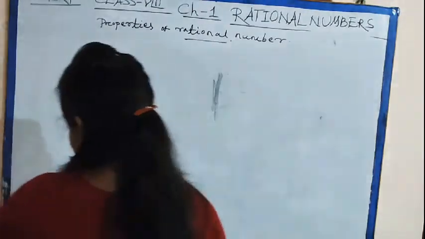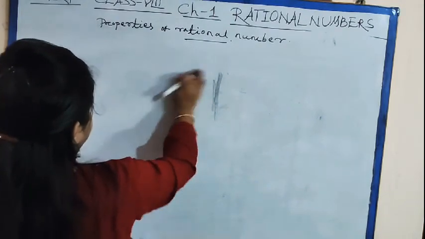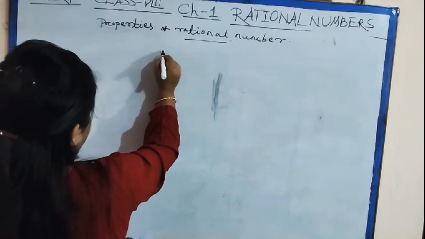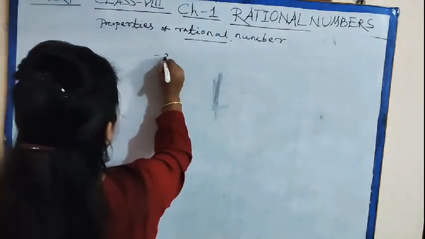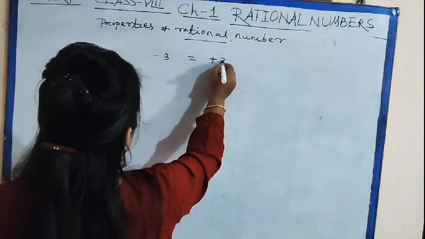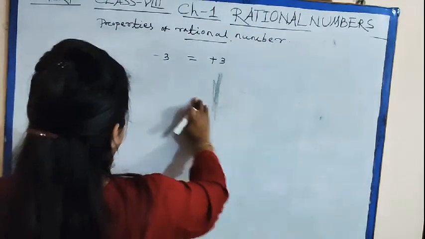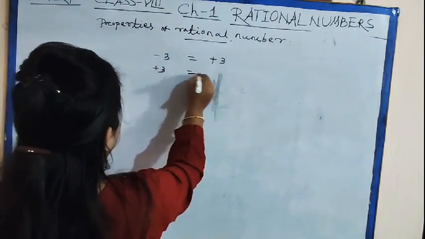Now our topic is additive inverse. In general, we say that additive inverse means negative number. The additive inverse of a negative number is a positive number, and of a positive number is a negative number.